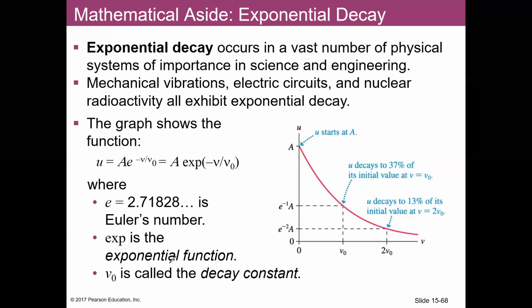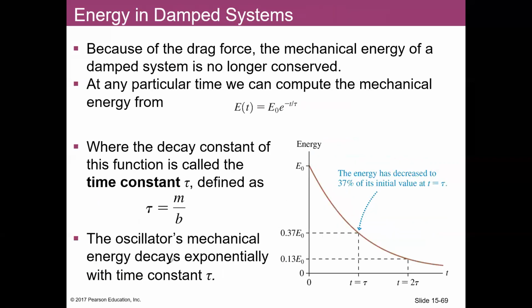There are many examples of exponential decay. And so, moving on. Now we see the graph of energy that I had been referring to in the previous slides. Energy is decaying exponentially, and so you can see this.